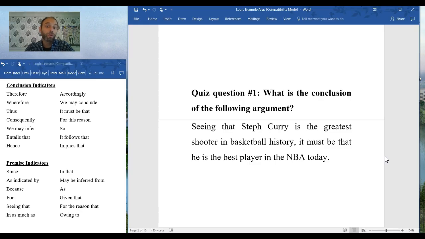So the quiz question, when you open it on Canvas, will give you a variety of conclusions. For now, write down the conclusion in your notes. And then when you open the quiz, select the answer that corresponds to the conclusion of this argument for quiz question number 1.